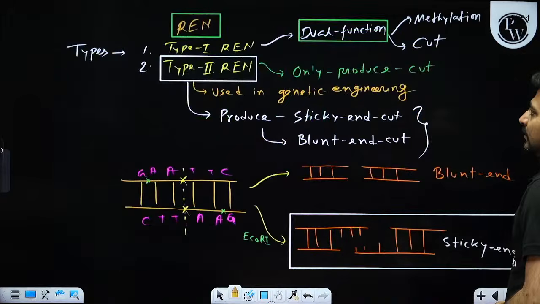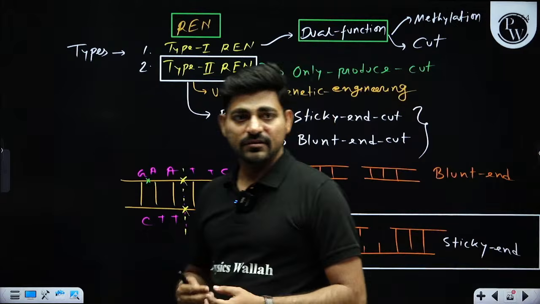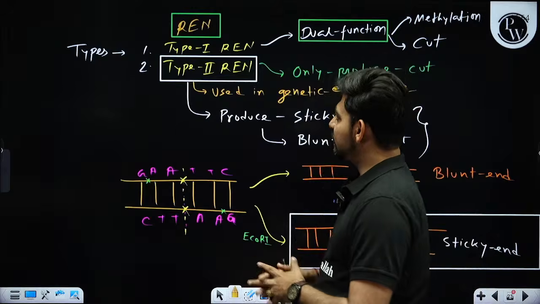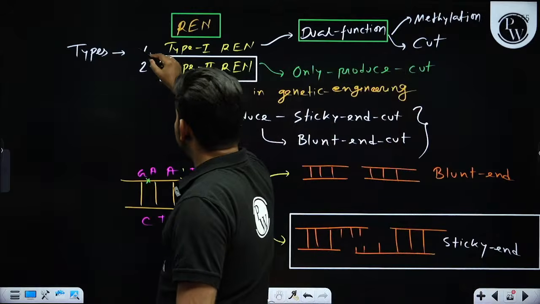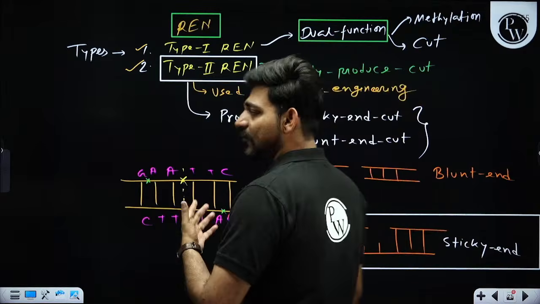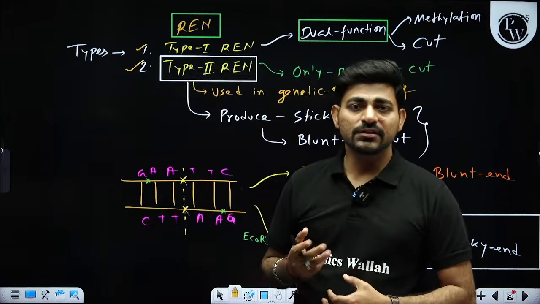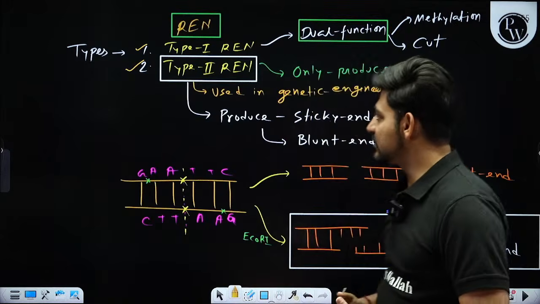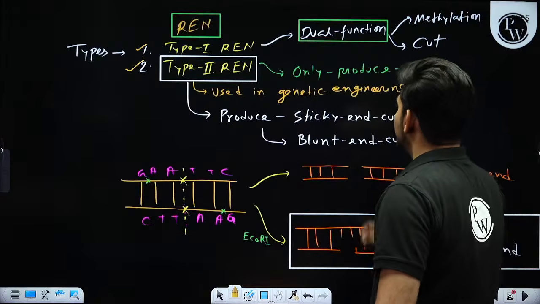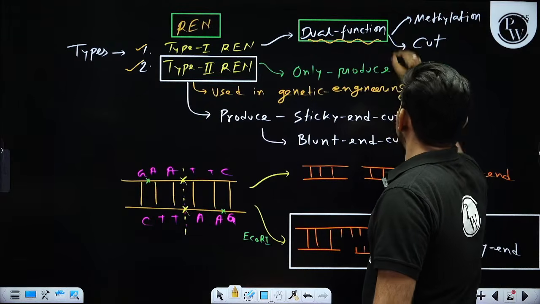Okay. Now we'll talk about different types of restriction enzymes. There are mainly two types, and generally for biotechnology we use type 2 restriction enzyme. So what about type 1 restriction enzyme? They have dual function.